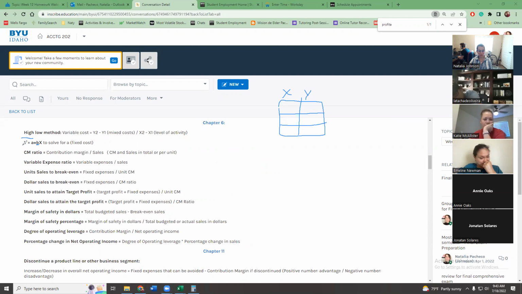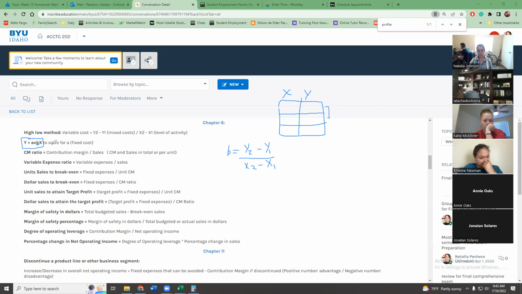So you use this formula to find the variable first. B is y2 minus y1, the difference of the 2 costs, the high one and the low one, divided by x2 minus x1. And then once you find that, you have b.